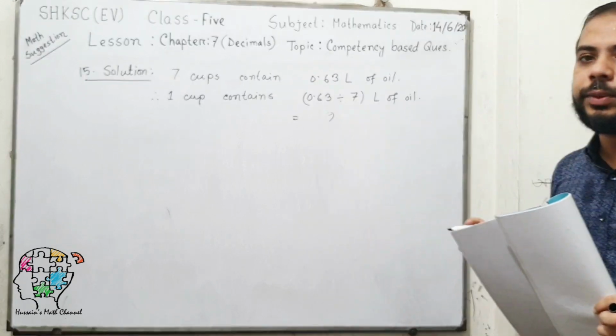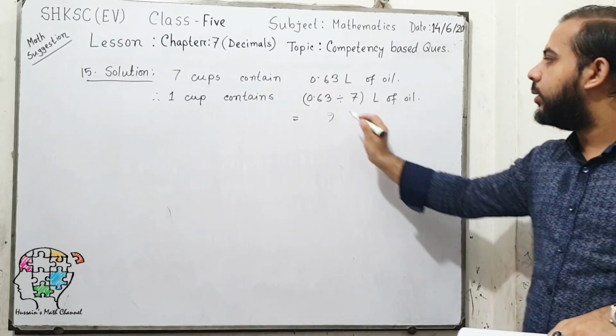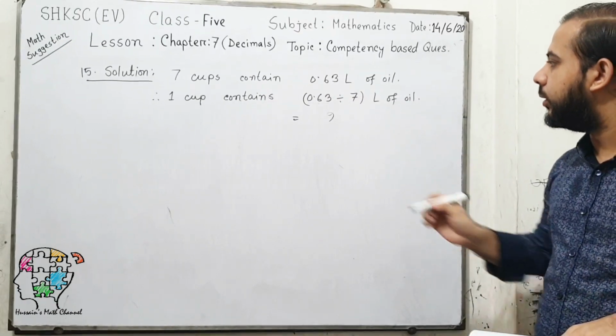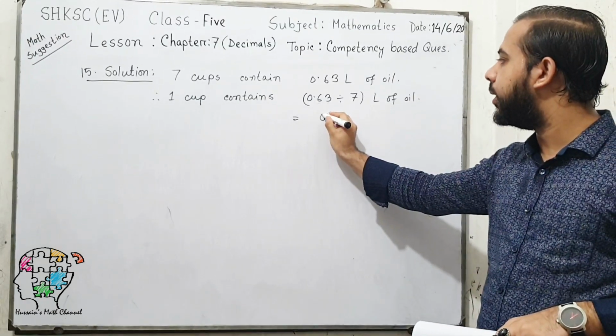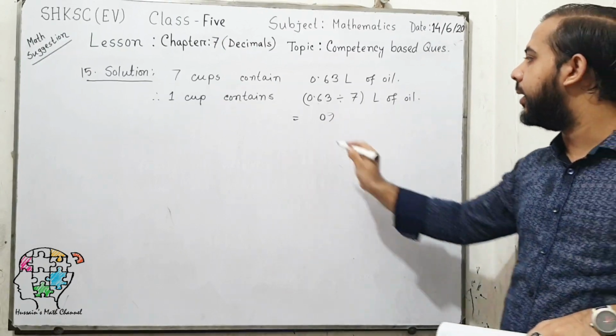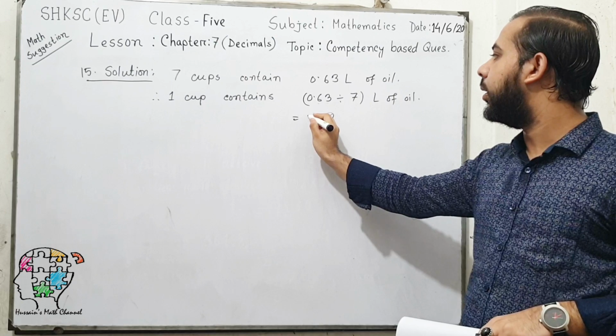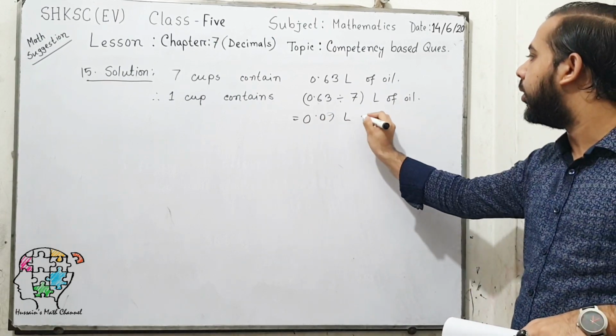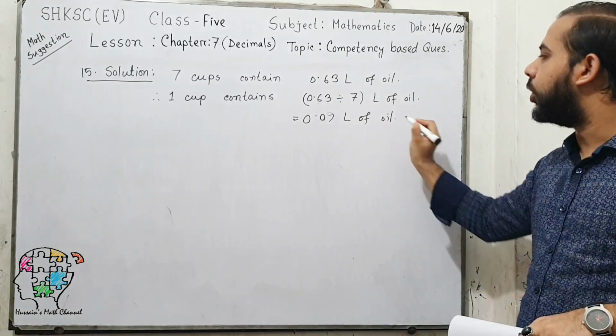Now look, in the question there are 2 decimal places, so you have to leave 2 decimal places. There is only 9, so before 9 we will put a 0 here, and then we give a point here, so the answer will be 0.09 liters of oil. This is a shortcut method.